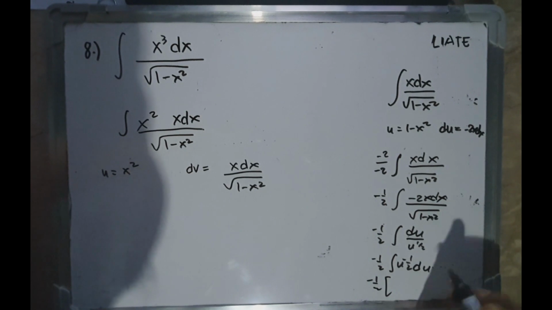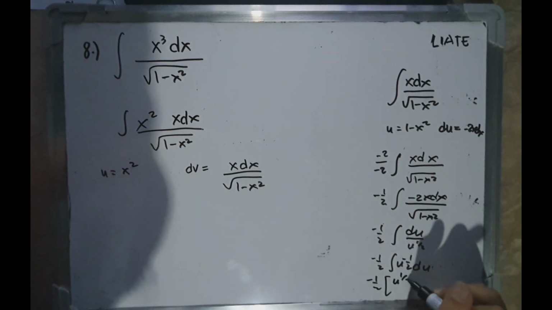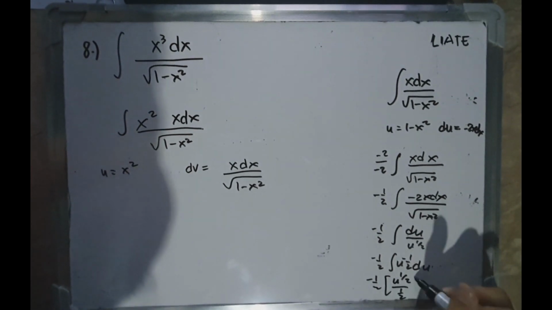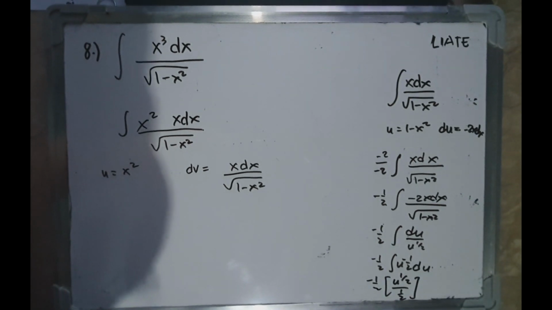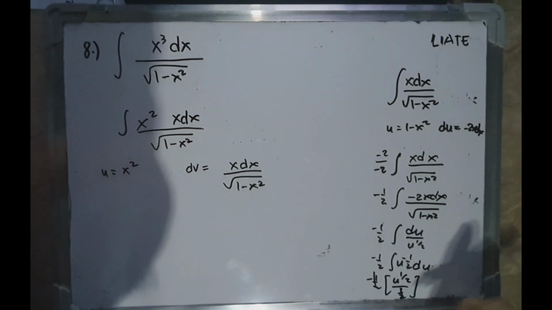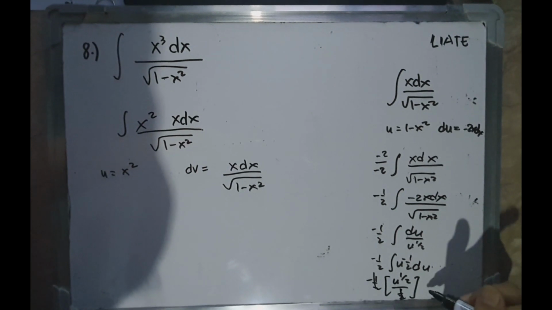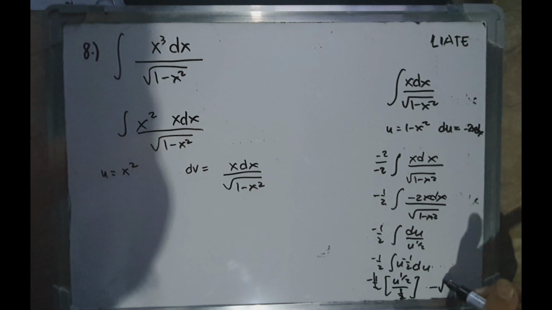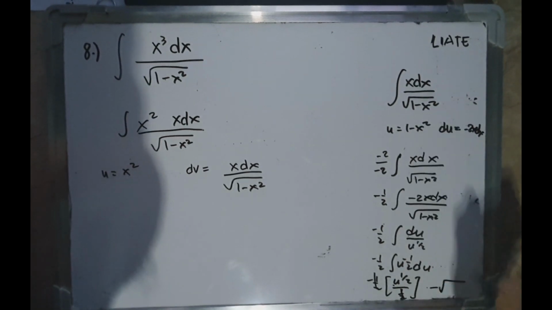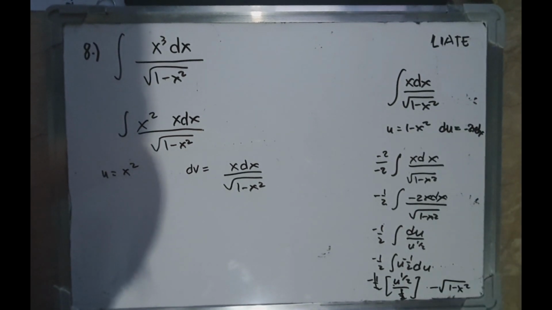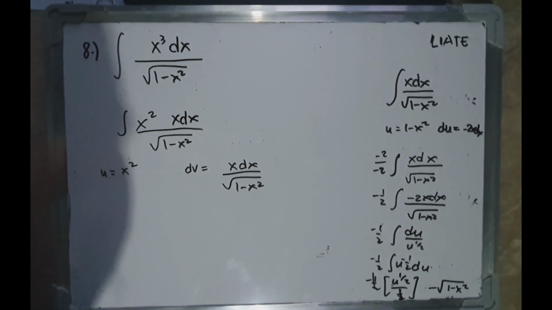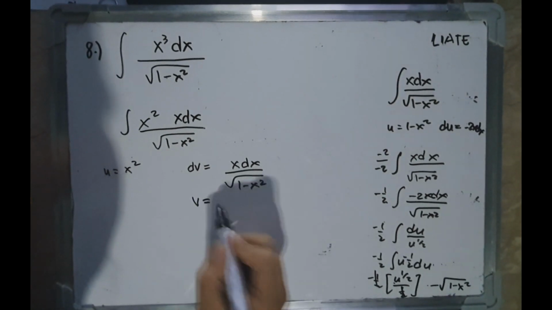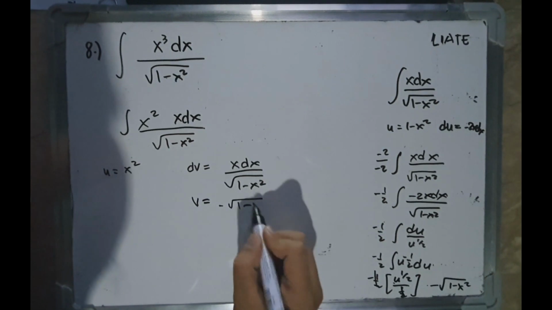Evaluating this one, negative 1 half plus 1, that is 1 half over 1 half. Okay, so we could cancel this one. That is negative square root of the u, 1 minus x squared. Okay, so the dv right here will be negative square root of 1 minus x squared.